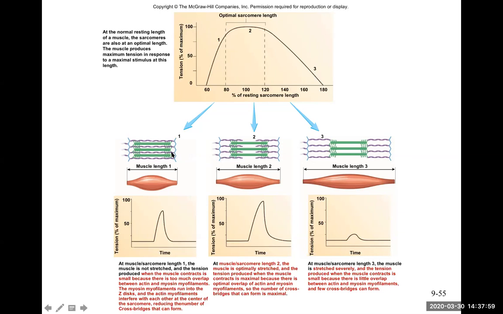So you're going from number one back to number two a little bit. As you physically pull the Z discs away, now there's a little bit more space. And the next time you contract it, your next set can be pretty good. But that is why we have that urge to stretch that muscle.